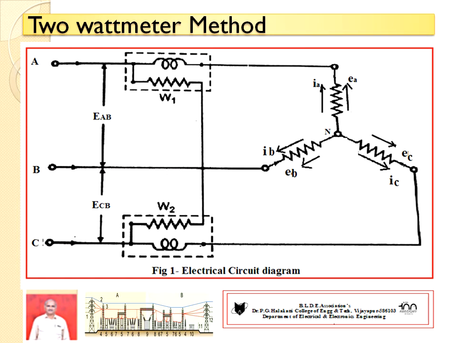The B line doesn't have any wattmeter connection, so it is taken as reference. W2 is connected in line C. Its current coil is connected in series with the respective phase impedance and its potential coil is connected between line C and B, that is VCB, another line voltage. Try to understand.